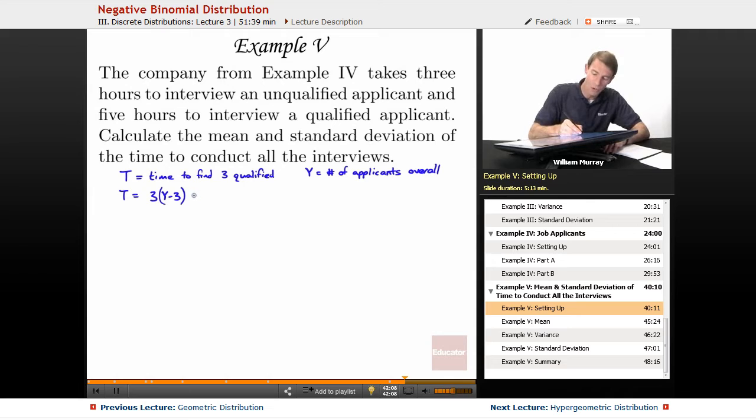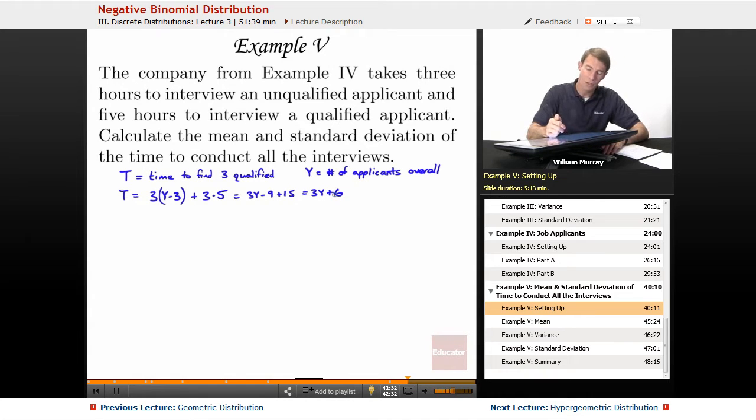And then there's also 3 good people. And each one of those is going to cost us 5 hours to maybe check them out, run their background check, and really confirm that those are good people for our job. So let me simplify this expression. I get 3y minus 9 plus 15, which is 3y plus 6.